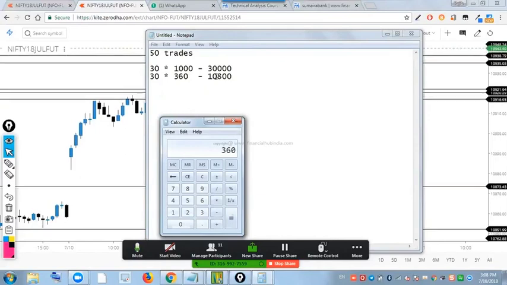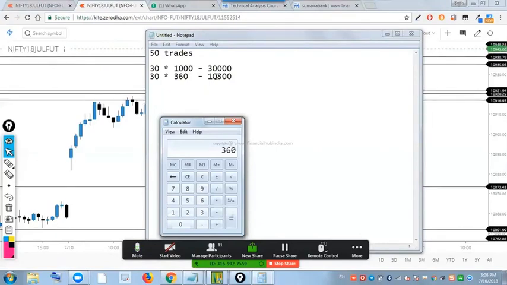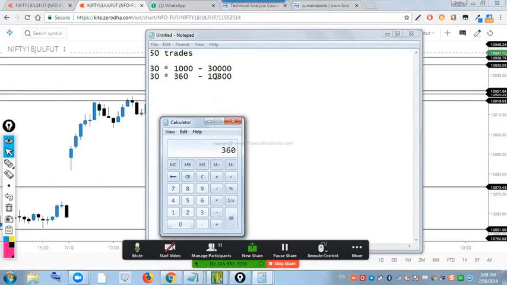On an average, I'll just talk about the Nifty. If you have an account size of 2 lakhs and 1,000 rupees per trade risk in Nifty, then on an average you'll be hitting two lots. Sometimes it will be three lots, sometimes one lot, but on an average two lots.